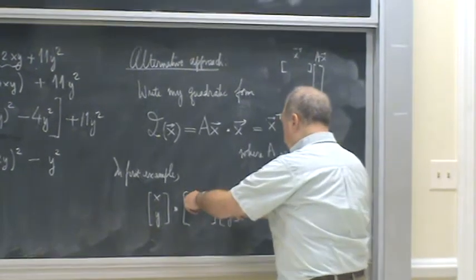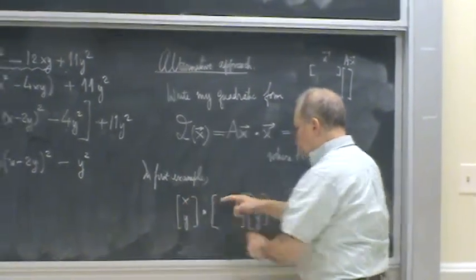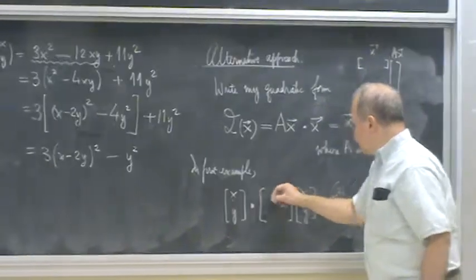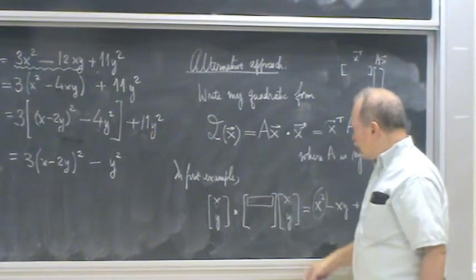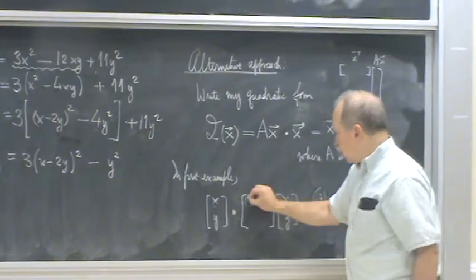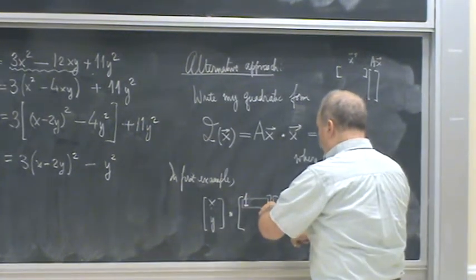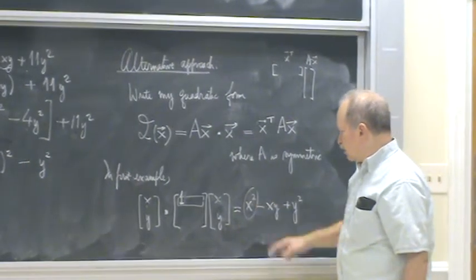The only way I'm going to get an x squared is from the first coordinate. So how am I going to get 1 x squared? Put a 1 in the top left. Then I'll have 1x plus some number of y's times x, that'll give 1 x squared.